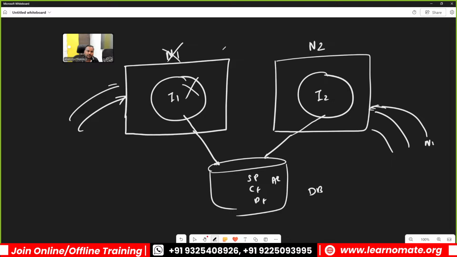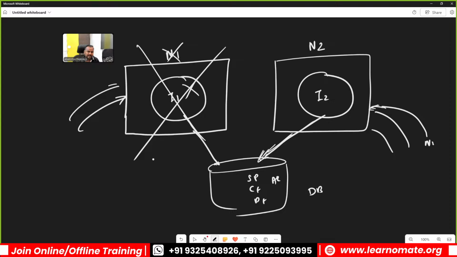If your node 1 goes down because of any uncertain situation, or even if your instance crashes, there is no problem, because you have an instance which is running and serving the connections from node number 2 also. And it is not like you can have only two nodes, you can have n number of nodes, provided you are ready to buy the licensing cost, so there is no problem with that.